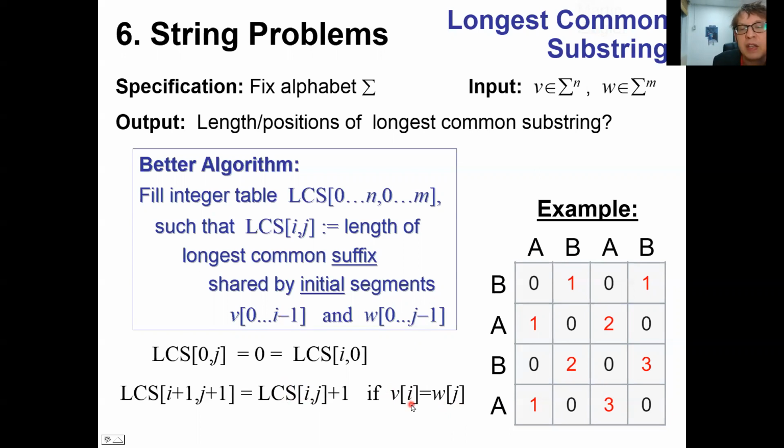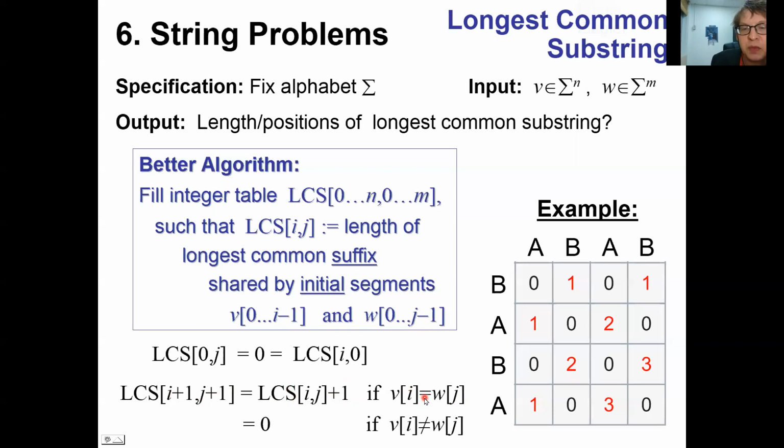And here we look at the next position, the ith and the jth. If these two also agree, then that means that we have a longer common suffix for these new extended initial segments, longer by 1, namely because this addition also agrees.